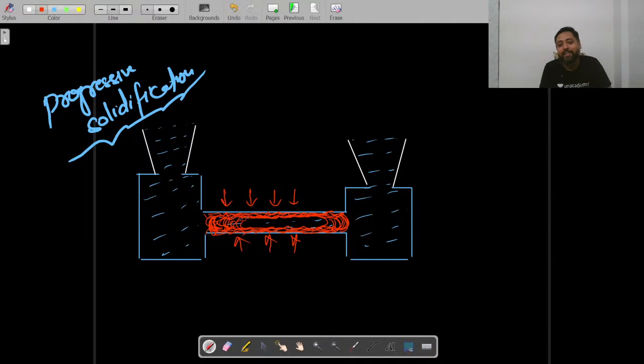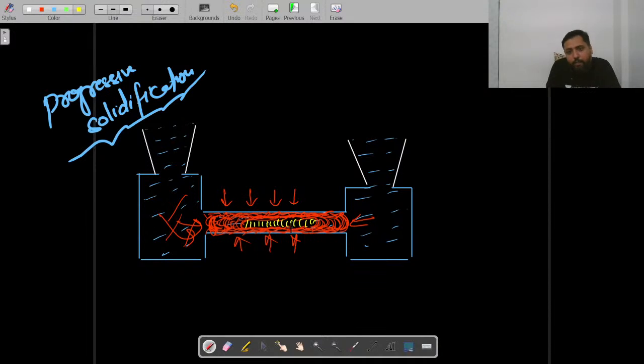So now these solidification fronts will move in this way. You see, that is how this will happen. Now this way the road has been blocked, and this way the road has been blocked. The molten metal cannot come back and compensate for the shrinkage which will happen here.